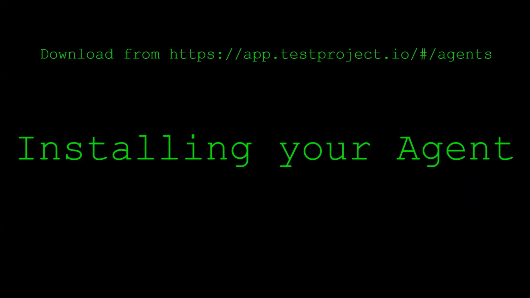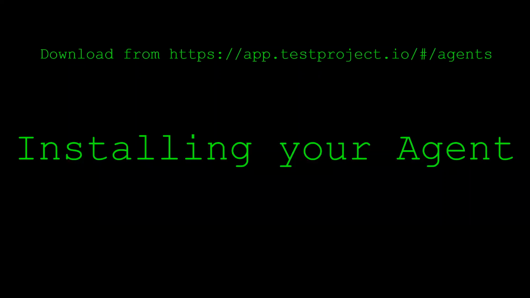Before we can actually start running our tests and building our pipeline, we need to install an agent. You need to do that whenever you develop the TestProject SDK based tests on your local machine, but you also need to install it somewhere where it's accessible for your continuous integration orchestrator. You can do that in two different formats, really.